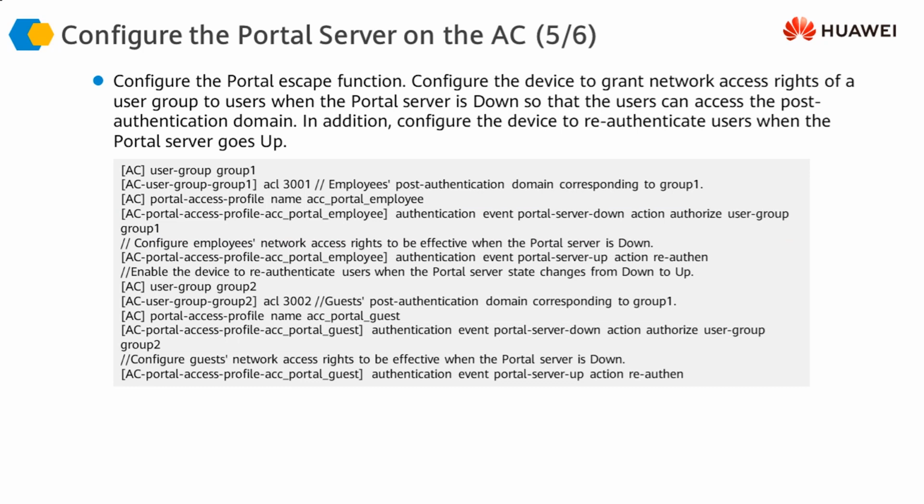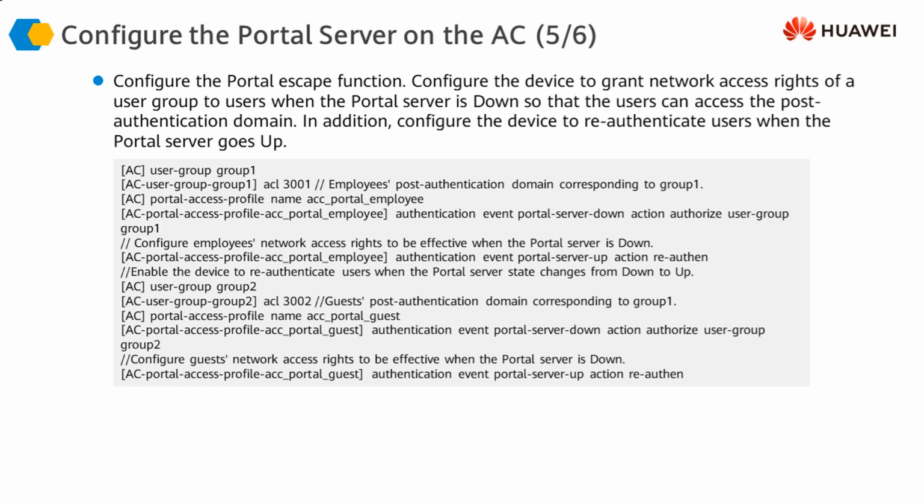This configuration might not be required in all cases. It is required when the portal server goes down and the users cannot be authenticated using the portal server. In that case, the users are going to be allowed access to the resources that are configured in the access list 3001.